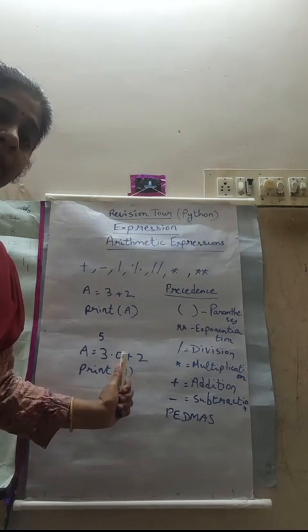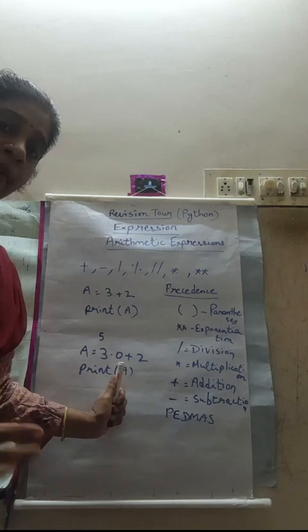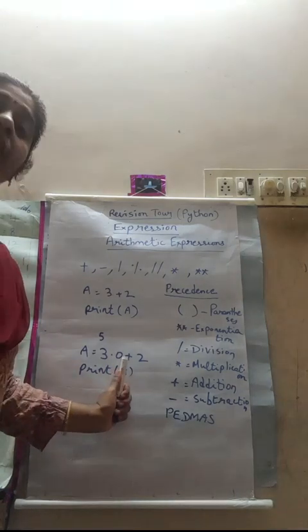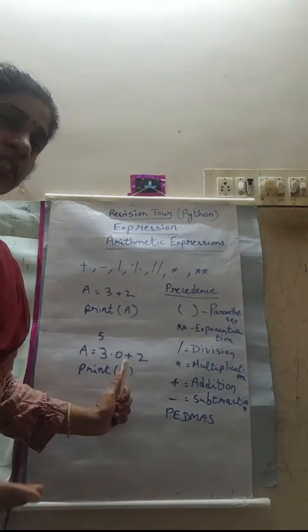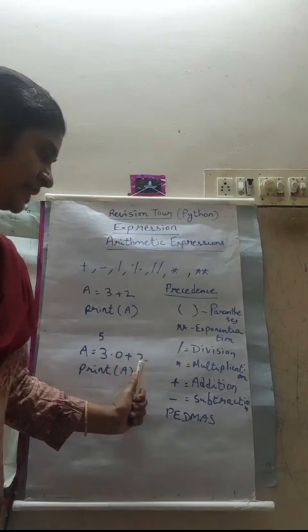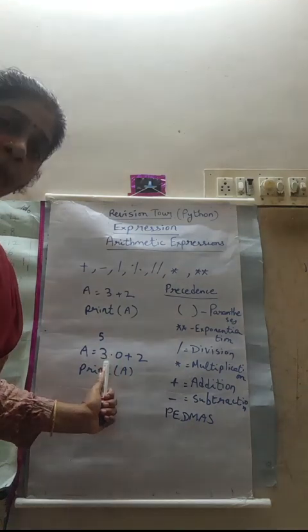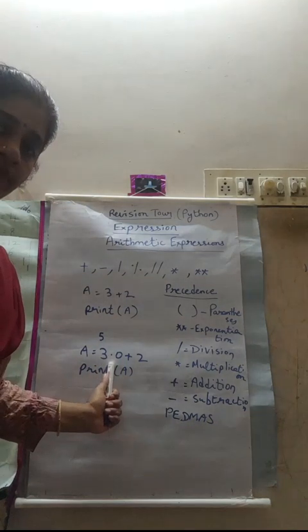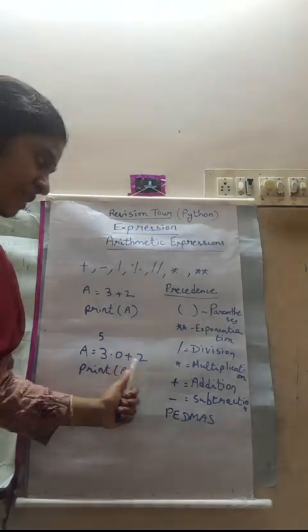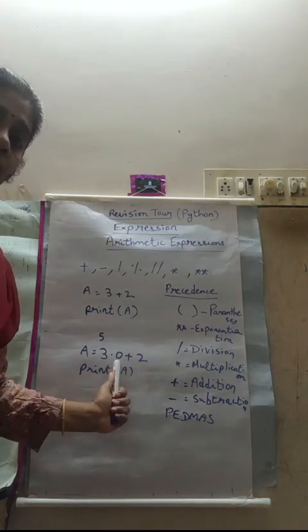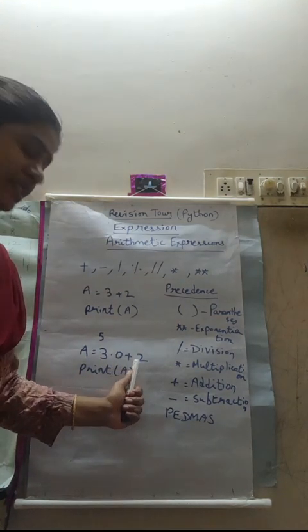Because what will happen is, if you have mixed data types like this, Python will convert all other operands to the data type of the operand which is of larger type. So it will convert 2 to floating point type, float type.